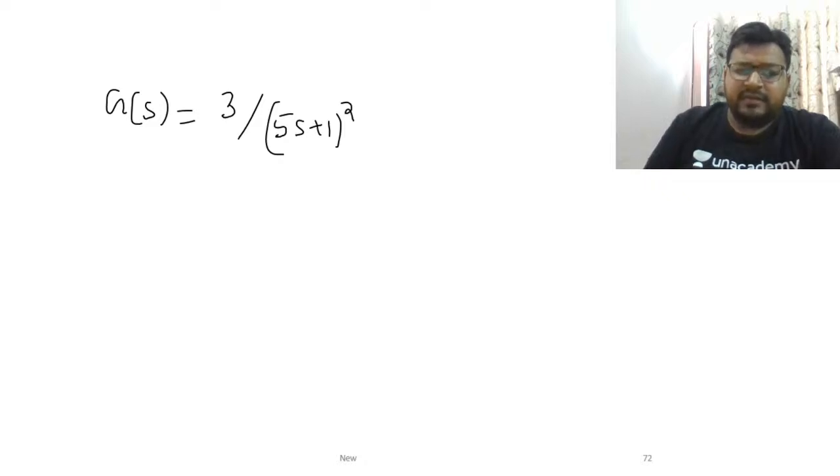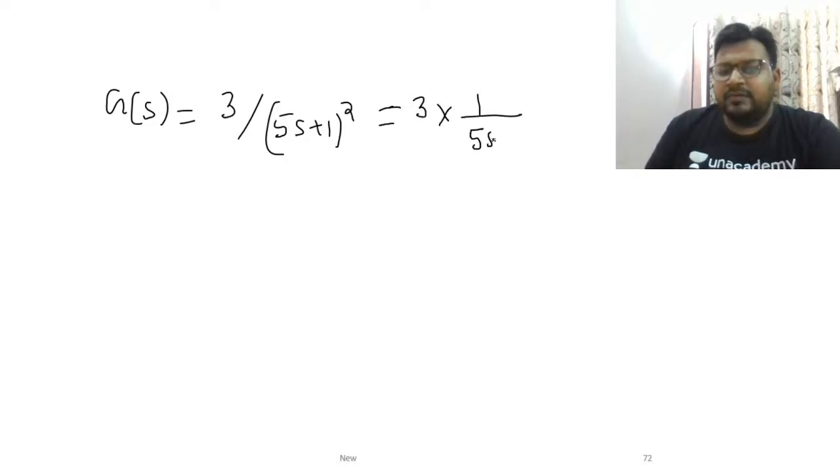So it's a very simple question. You should just know how to calculate the amplitude ratio. Write the transfer function like this: 3 into 1 upon (5s plus 1) whole square. So 3 is a different thing and 1 by 5s plus 1 is a different thing. The amplitude ratio can be treated as the gain, so the gain will come as it is, into 1 by 5s plus 1.